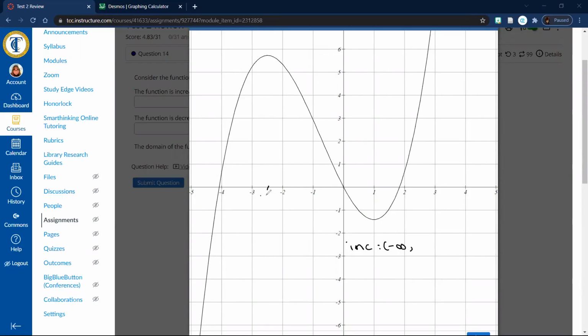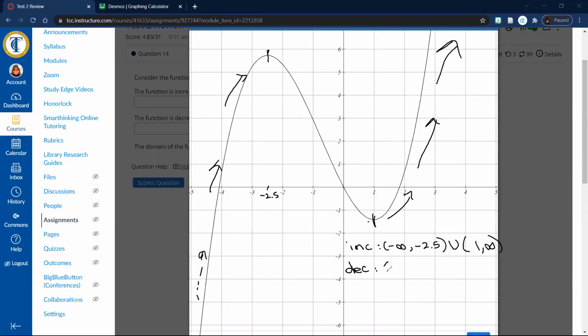Yeah, definitely -2.5. Then we're going to union 1 to positive infinity. For those of you trying to see it, it's increasing up here, stops here, and then it picks back up right here and is increasing again.